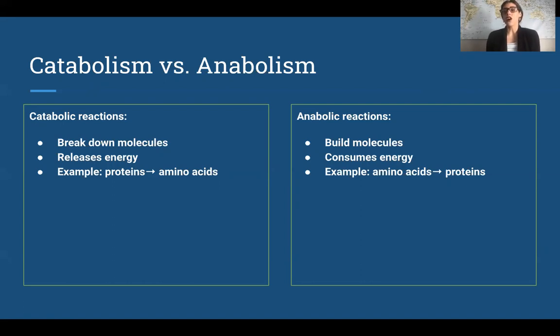So we're then also, through anabolic reactions, able to take those individual amino acids and create new proteins, completely new proteins than maybe what that amino acid was used for before. So we're able to take those small amino acids and create this larger molecule or this new protein.